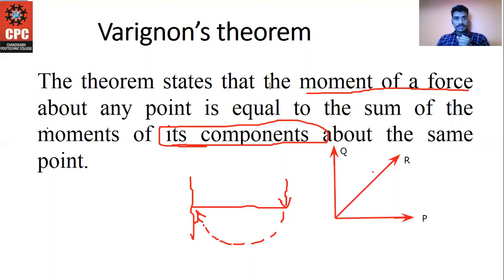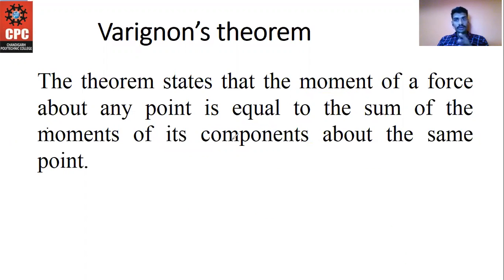Suppose there is a point here, and some moment is acting here. We need to find out the moment, then how can we do that, whether it is a clockwise moment or an anti-clockwise moment, that we need to see. And we have a sign convention for this also. So here it is stated that the moment of a force about any axis is the algebraic sum.